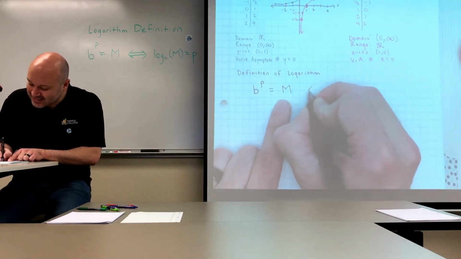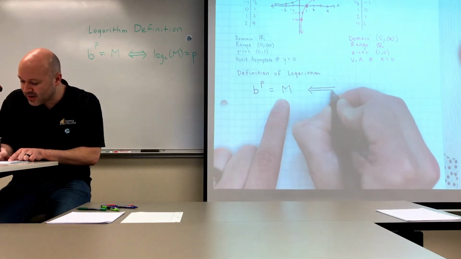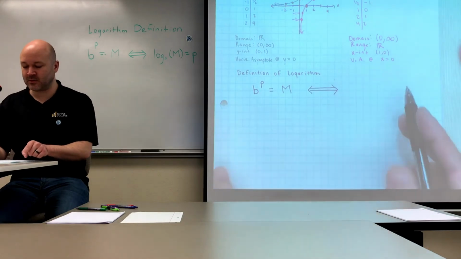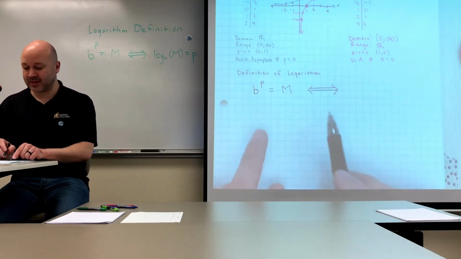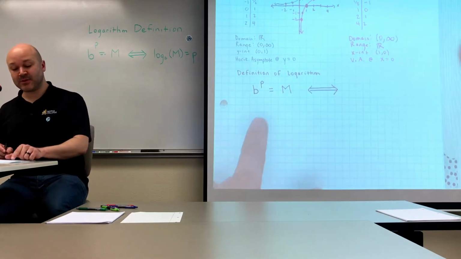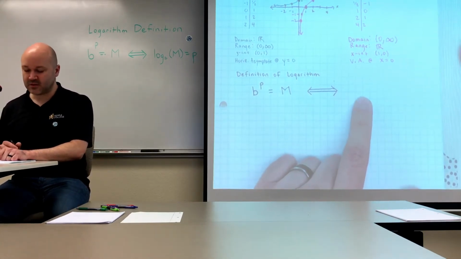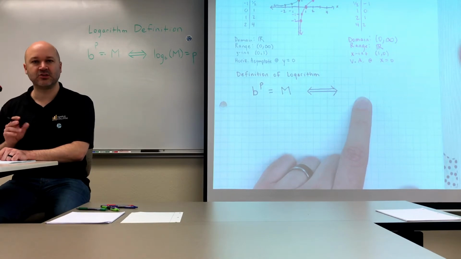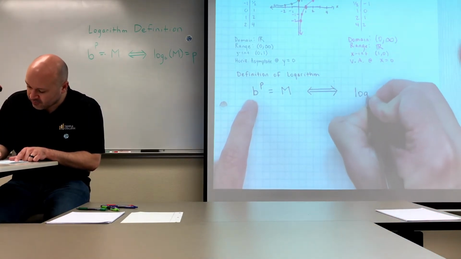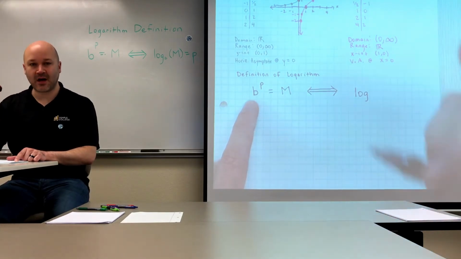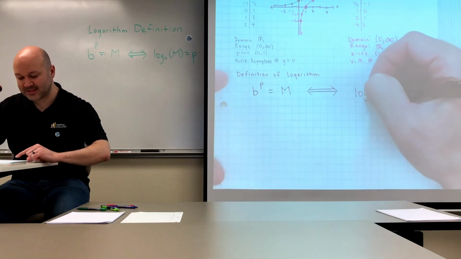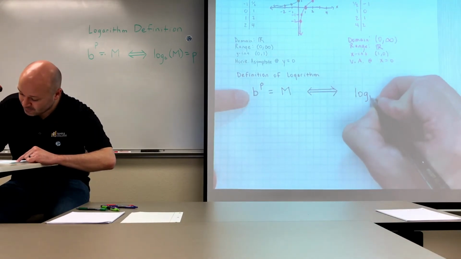It is equivalent to, or it can be rewritten as. This double arrow means it goes backwards and frontwards. It just means I can rewrite it as this other thing. Exponentials can be rewritten as logarithms. I'm going to use log, short for logarithm. Now, as soon as you say a log, you really should say the base. This log has a base b.